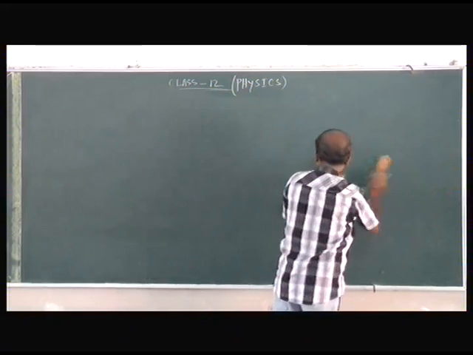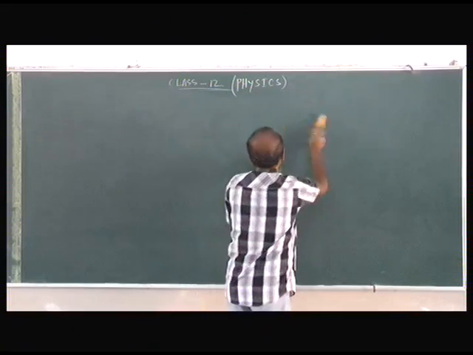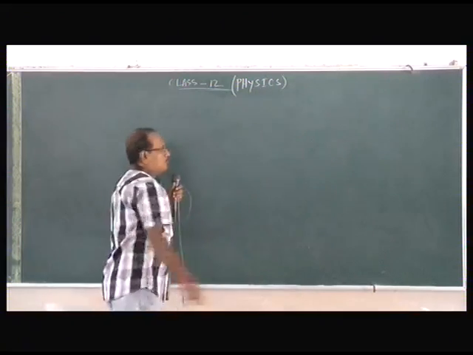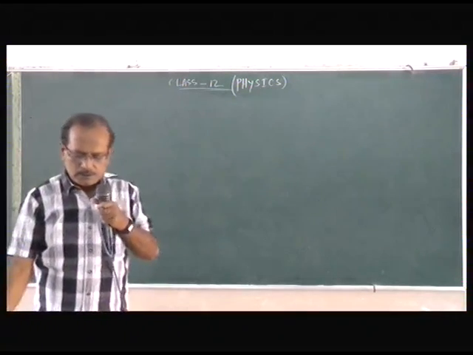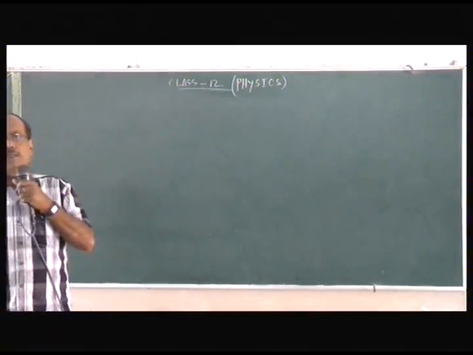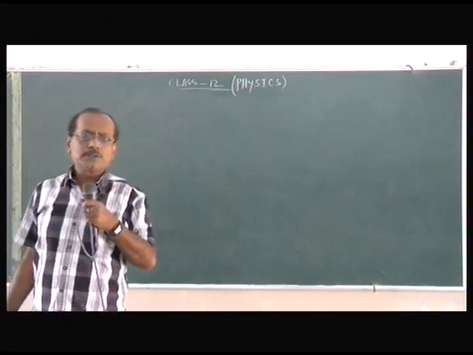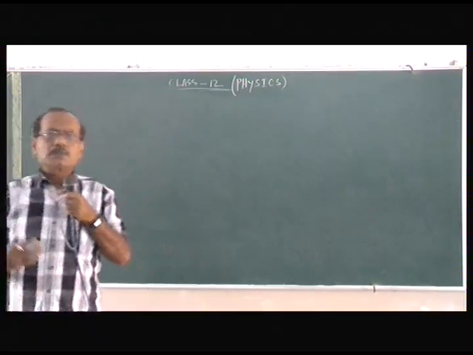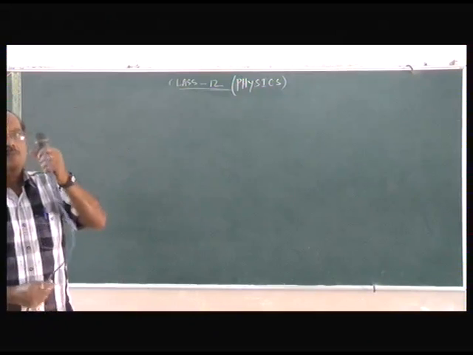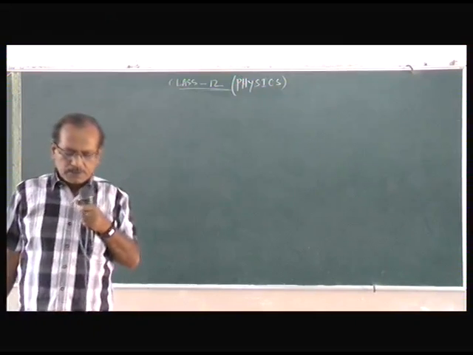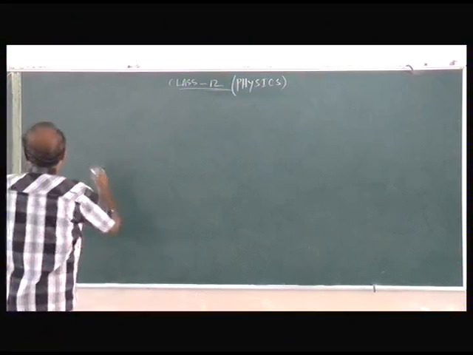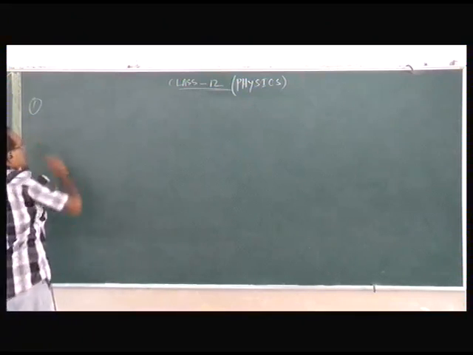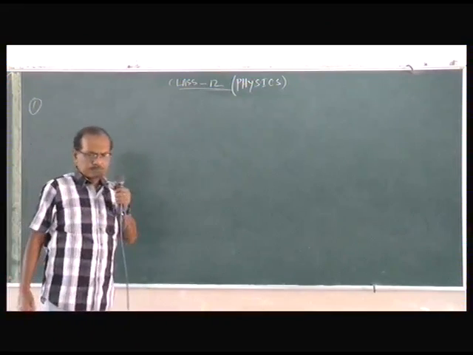Gauss's theorem here also has two parts: one is for a regular surface, another is for an irregular surface, where the shape of the surface is not regular. So first we are doing Gauss's theorem for a regular surface, say a spherical surface.